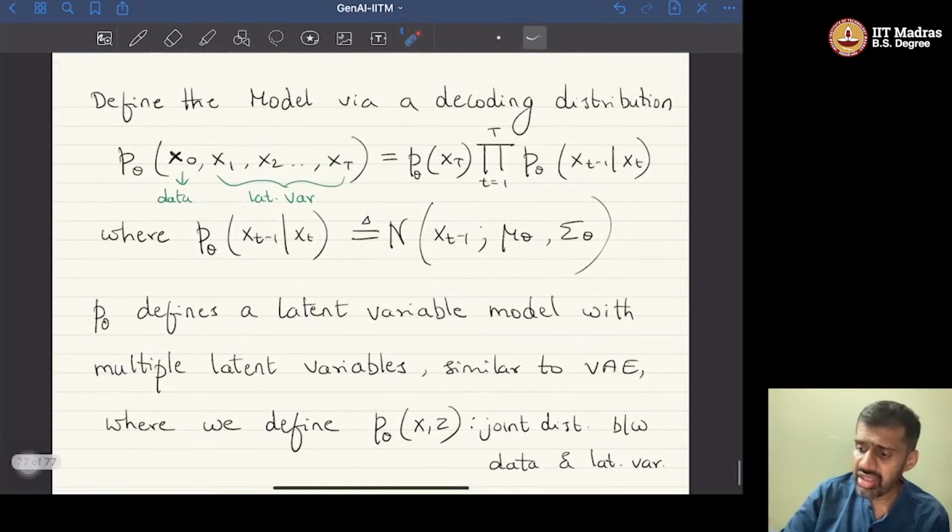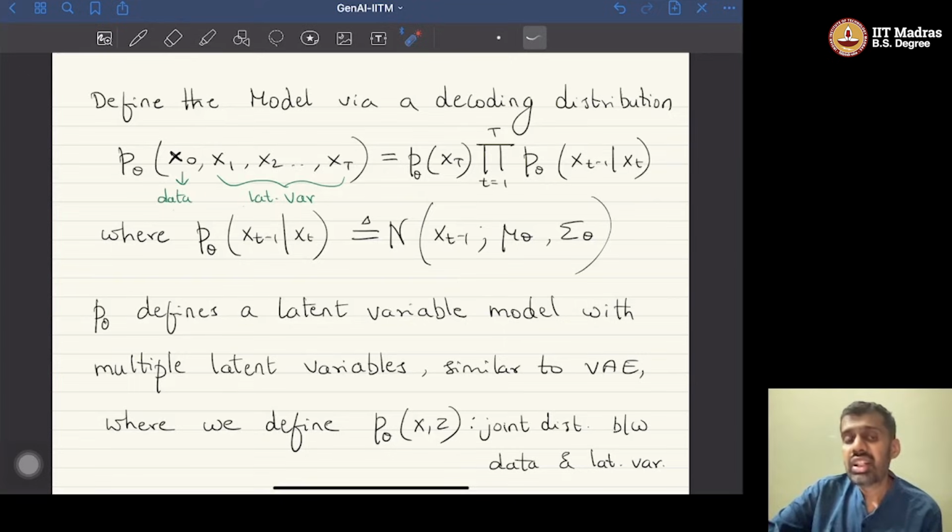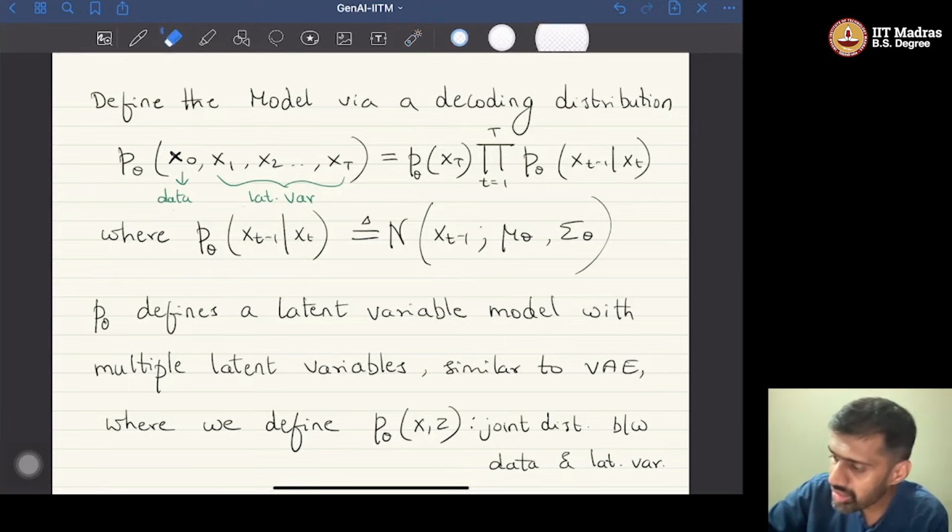So this is the definition of the model for a DDPM, denoising diffusion probabilistic model, and we have made an assumption that the reverse process, or the backward process, or the decoding process, is also a Markov chain with Gaussian transitions where the parameters are learnable. I will make this a function of xt, easier to comprehend that way.